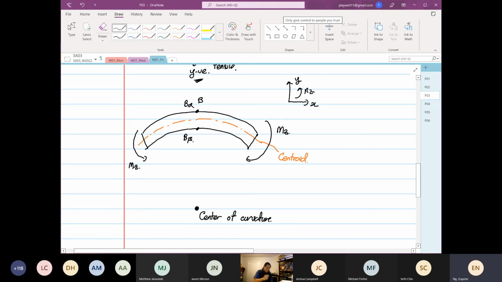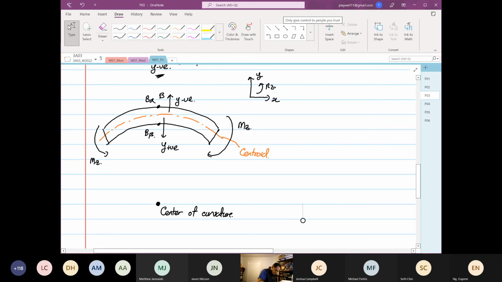However, what changes is this. Okay, so based on the center of curvature, anything going down here, y is what? Positive. And if it's pointing away from the center of curvature, y is what? Negative. Okay, so for this case, stress x at point B alpha is equal to minus Mz over Izz.